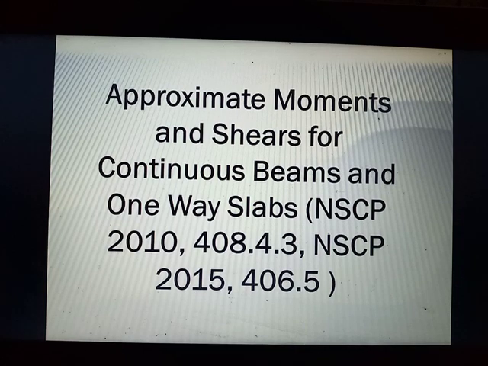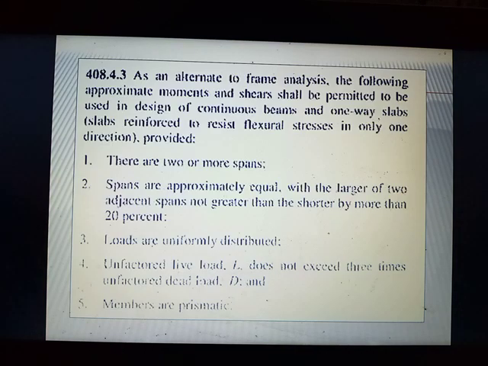Okay, so let's proceed. So this is from NSCP 2010. In 408.4.3, it is mentioned the approximate method, which is adopted from the ACI code, or the American Concrete Institute.